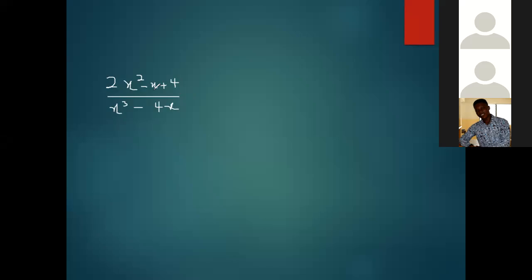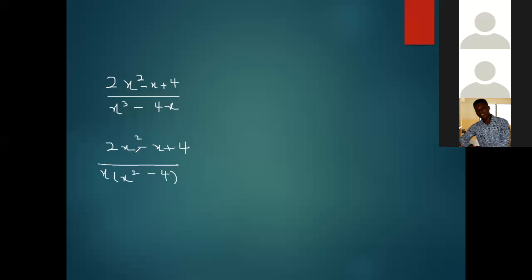Now, this expression here, I'm intentionally writing it like this because it can also be re-expressed as 2x squared minus x plus 4 over x into bracket x squared minus 4, right?